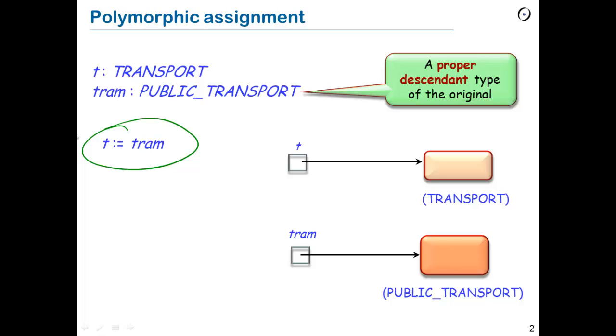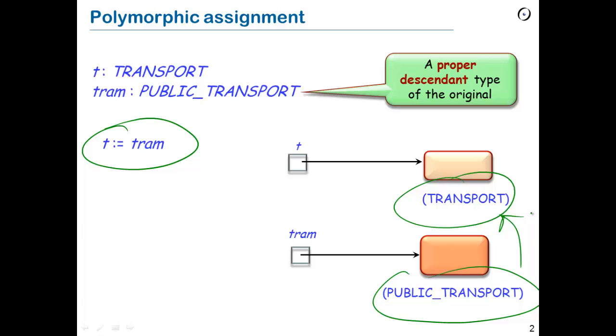But now you can see that t is of a type, transport, and tram is of another type, public transport. Now, as you've already guessed, the combination is not going to be arbitrary, and of course it's not by accident that we actually have a class here for the source that inherits directly or indirectly. It could be a descendant of the class for the target, transport.